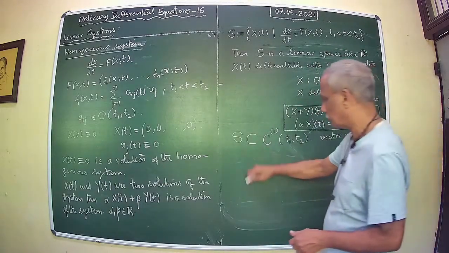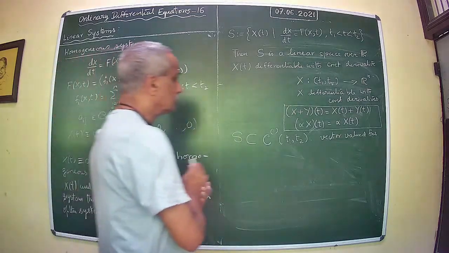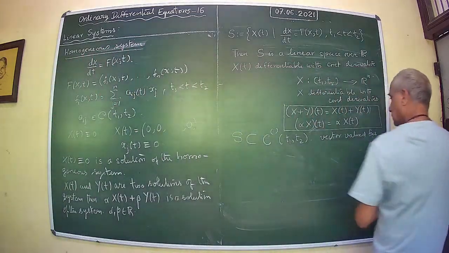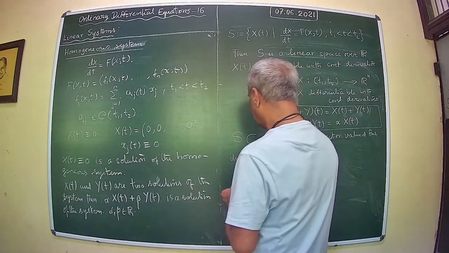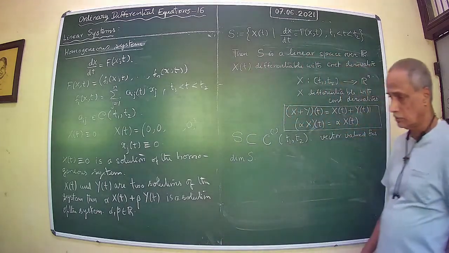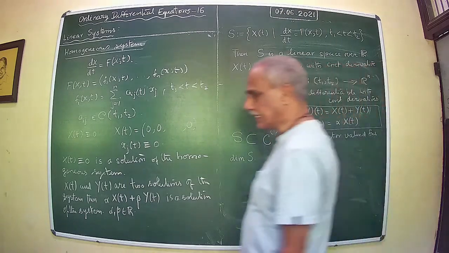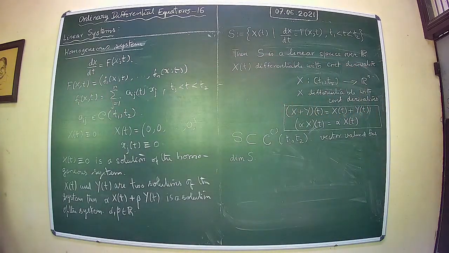Now you see that at the outset we would expect this to be infinite dimensional. Why?